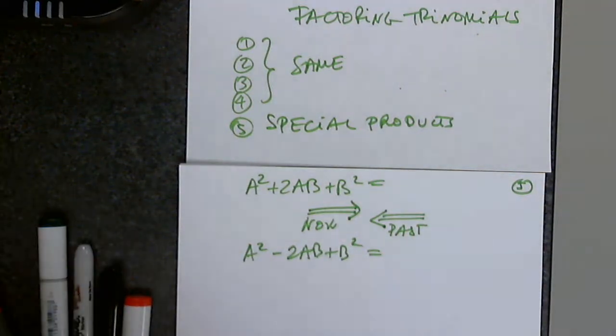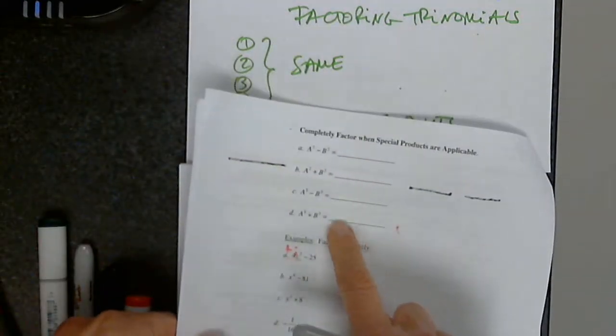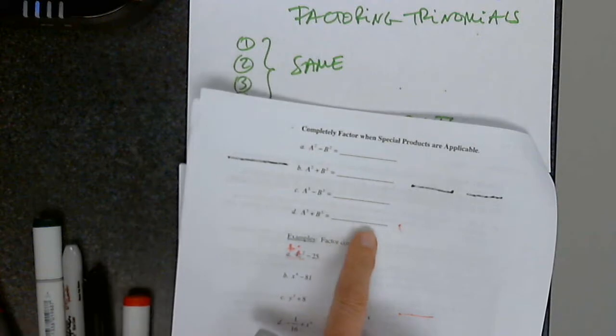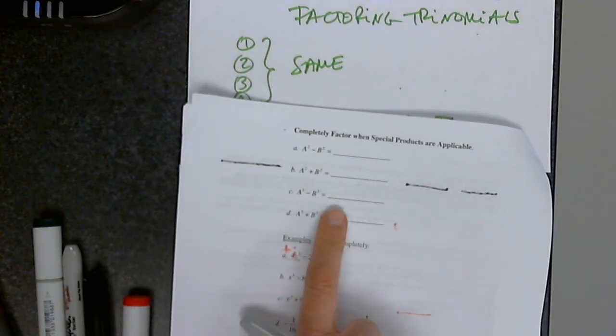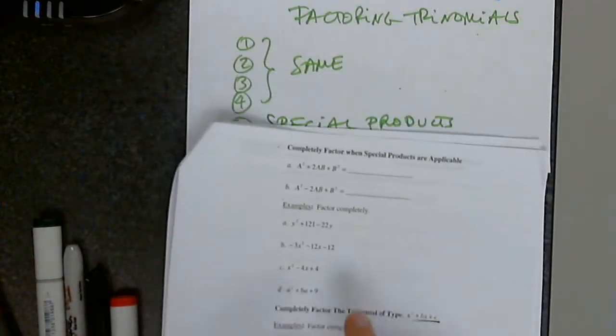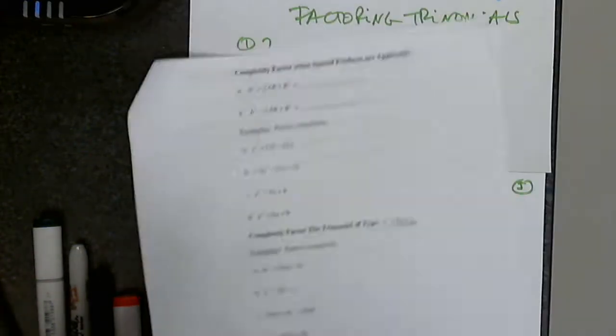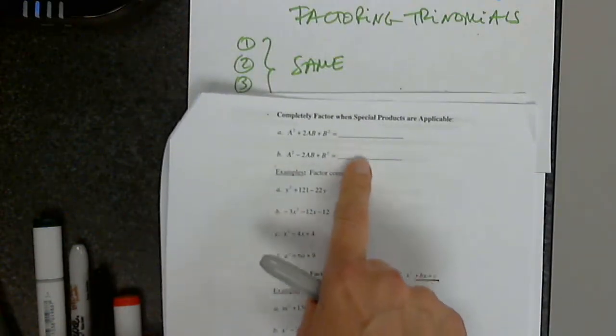So I'm hoping that you put in there the difference of cubes and the sum of cubes on the handout. I'm hoping you put that in here and here. And I will work on these examples in a second, but I want to finish the strategy first.